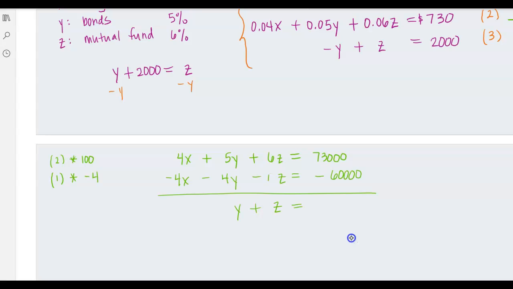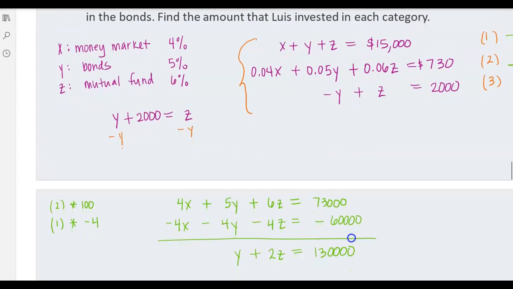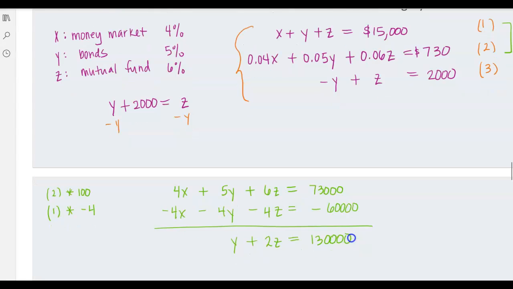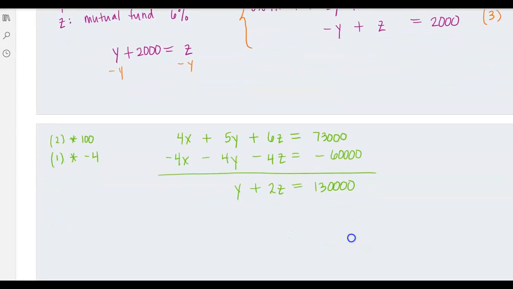Back up. I don't know why I wrote a 5 there. That should be a 4. So this should be a 2z equals 13,000. Okay, let me just double check. Equation 2, we multiplied by 100. Equation 1, we multiplied everything by -4, and then I added these two together. Okay, good.